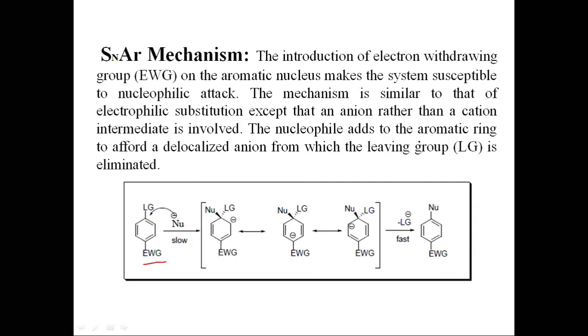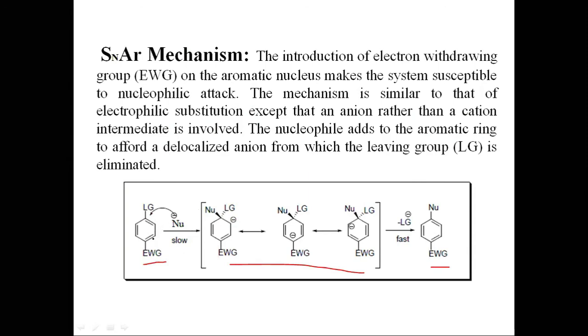The nucleophile adds to the aromatic ring to offer a delocalized anion form, from which the leaving group is eliminated. Later, the leaving group leaves, giving an end product substituted through the SNAr mechanism.